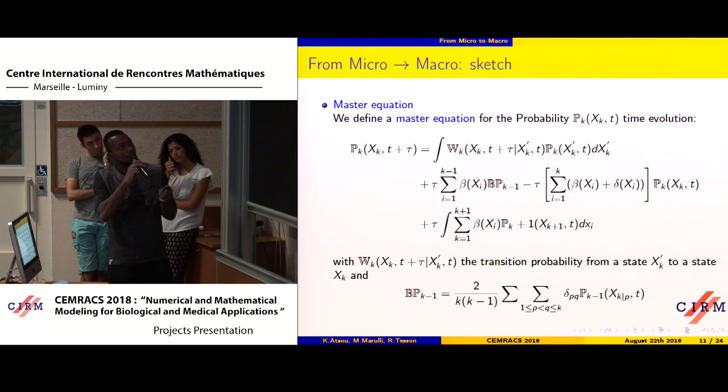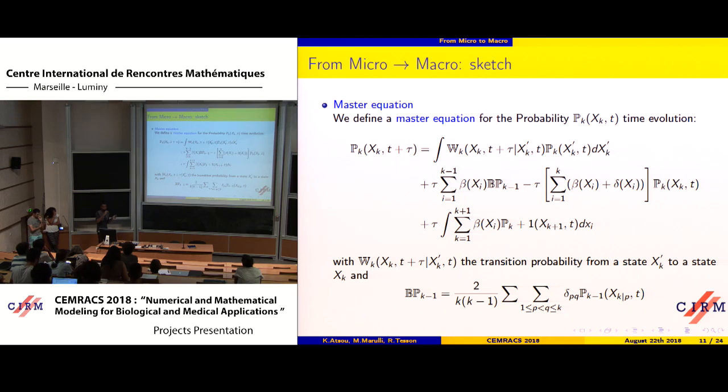Here we suppose that tau is small enough such that we just have one birth process or death process in the time. This term describes the fact that we lose probability in the configuration with k cells due to the birth of one cell or due to a death process.